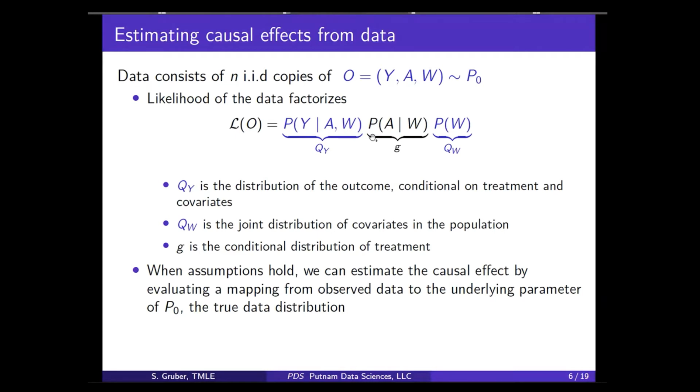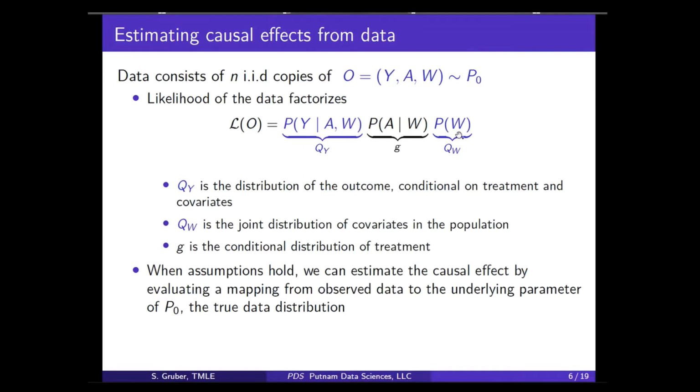Then you have the probability of being treated given your covariates. That's like the propensity score, right? It's the distribution of treatment among the people. And then finally, you have the distribution of people. Is your population elderly? Is it more male than female? This just describes your population.